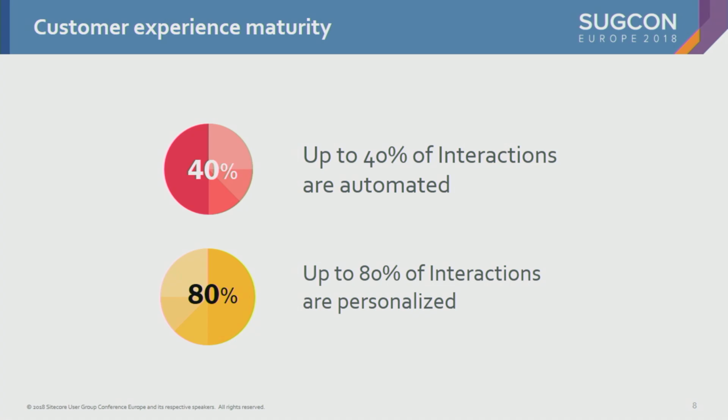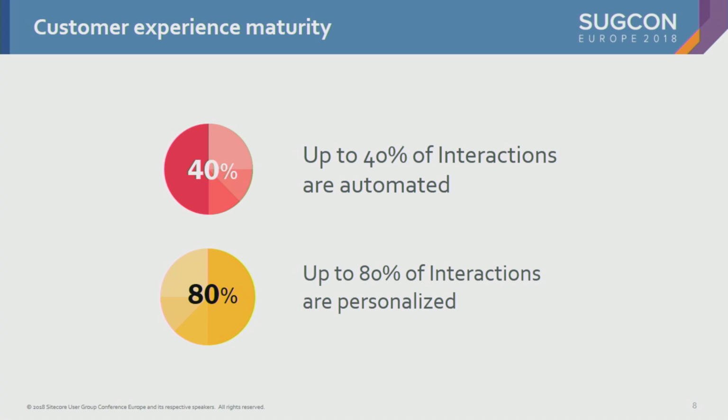Those numbers are kind of not real, but from this demo, you can assume that around 40% of the interactions are automated. All the emails, all the push notifications that we had were automated, and consider this for a large-scale solution where you have a lot of interactions automated, and up to 80% of the interactions could be personalized.